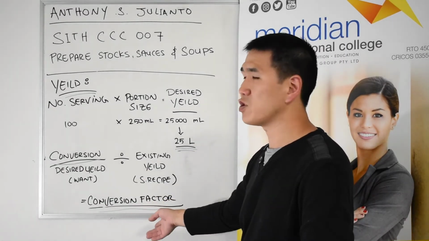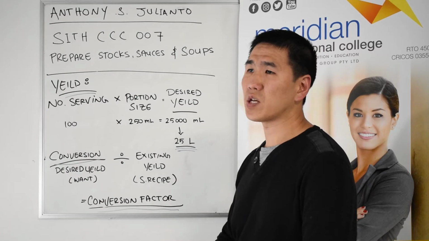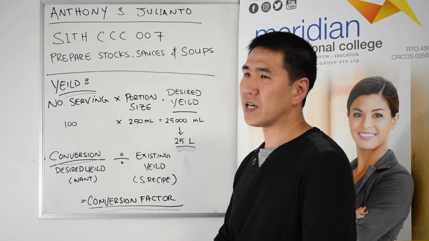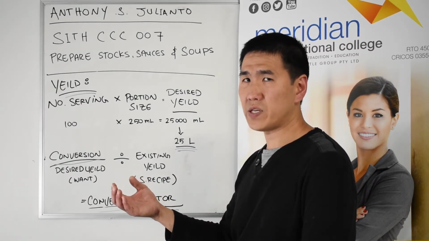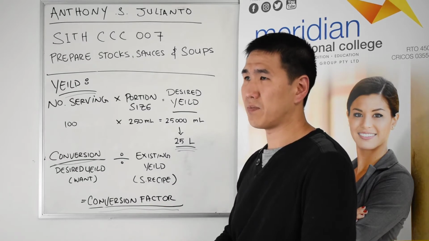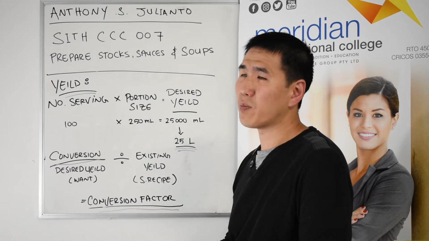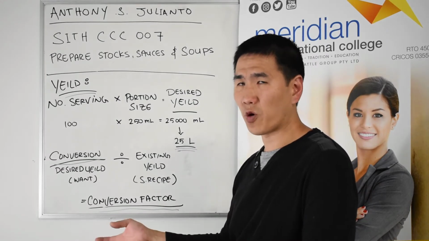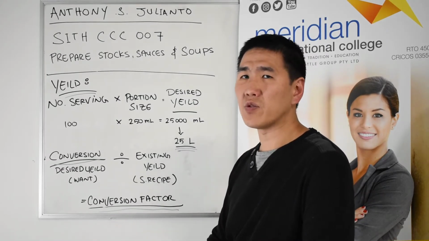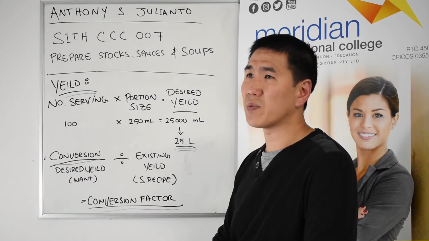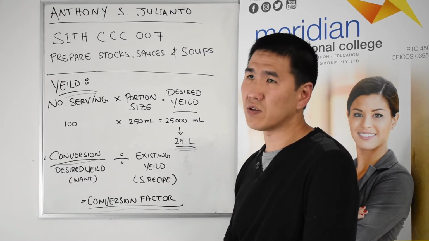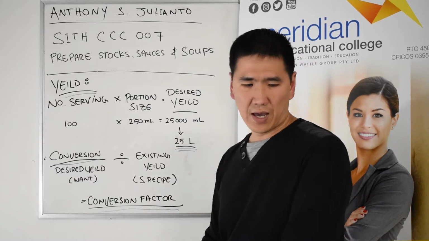You divide it, which gives you your conversion factor, so that you can use it to increase your recipe, so you know how much flour you need to make. From a recipe that says 10, you might need to multiply by 2 or 3 or 4 or 5. Or you might need to divide that recipe. If you have a recipe for 10, you only want to make 5, so you divide it by 2.